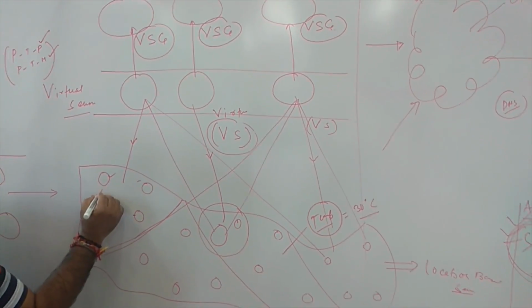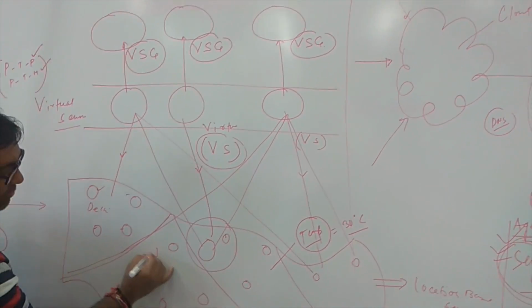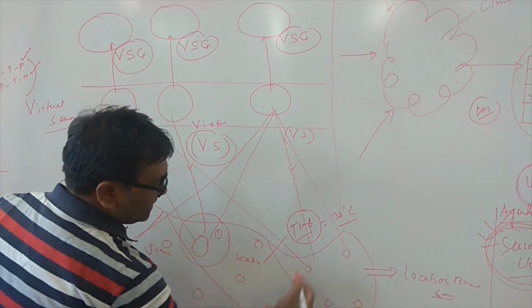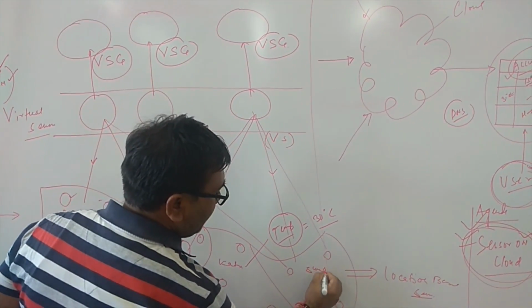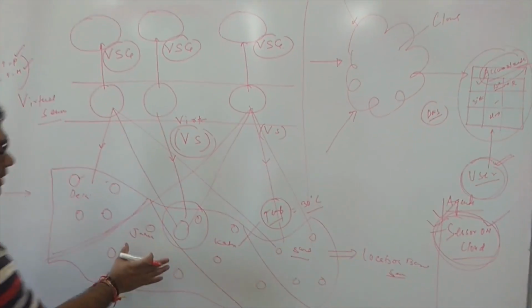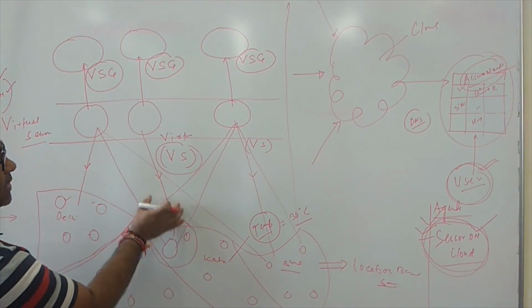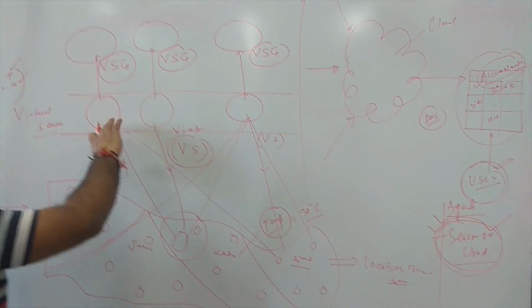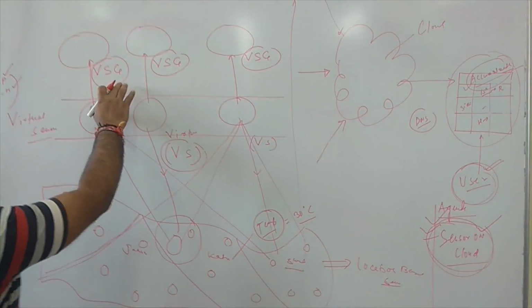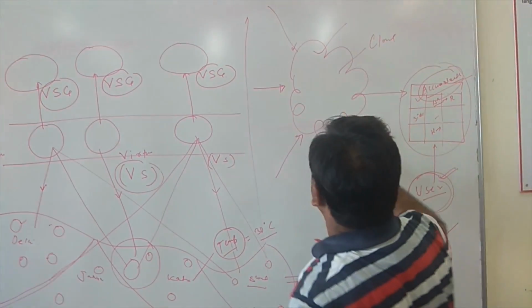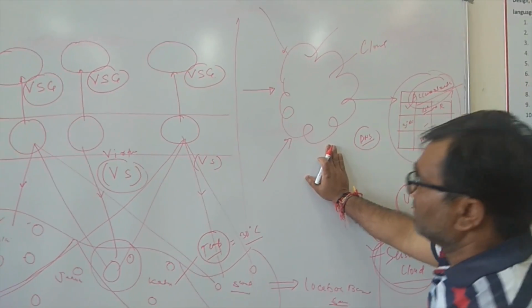Let us assume the locations: this is Delhi, this is Jammu, this is Katra, this is maybe Surat, right? So at different locations, different types of sensors are deployed. They communicate to the virtual sensor. Virtual sensors may be grouped by the same type of nature as a virtual sensor group, and they will upload the data on the cloud, right?